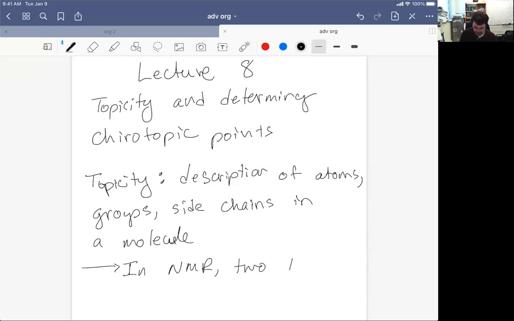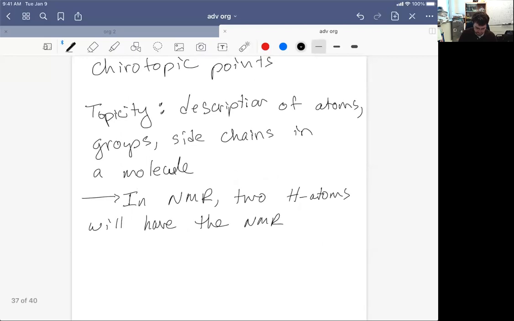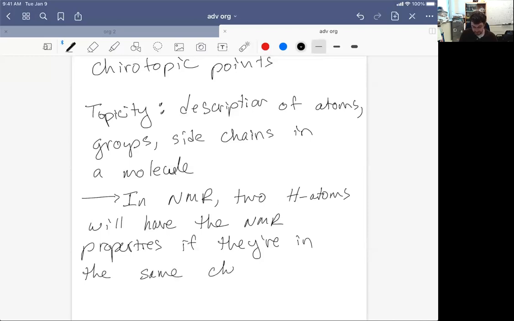Two H atoms or multiple H atoms will have the same NMR properties if they're in the same chemical environment. Okay, let's look at an example of this.